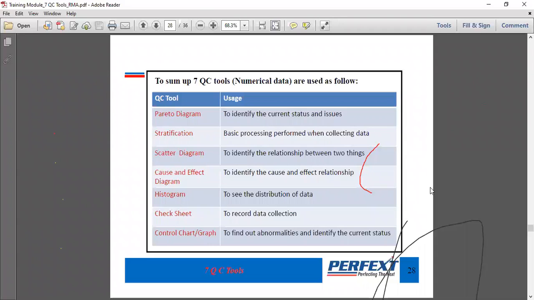Then we can plot the histogram, and based on the histogram, we can identify the pattern of the data. Or based on the check sheet data, we can draw the Pareto diagram, and we can identify which is the major cause of the problem. So at a point of time, we can use more than one tool to identify the real problem of the process.